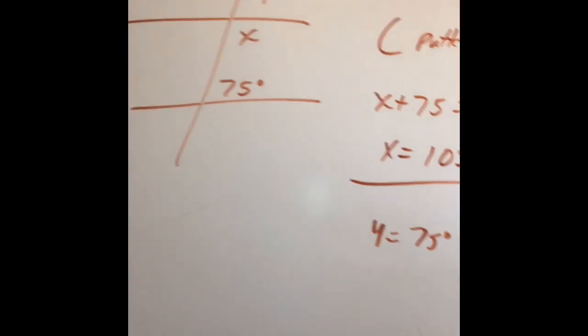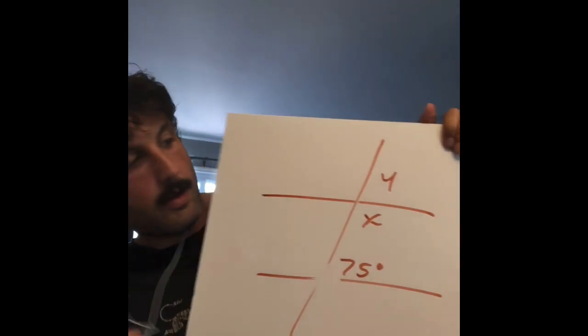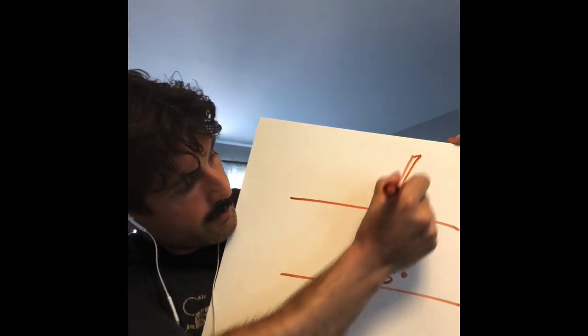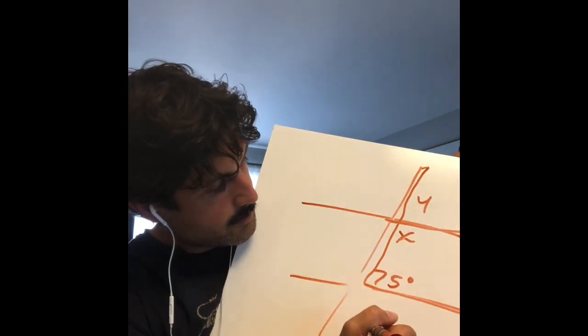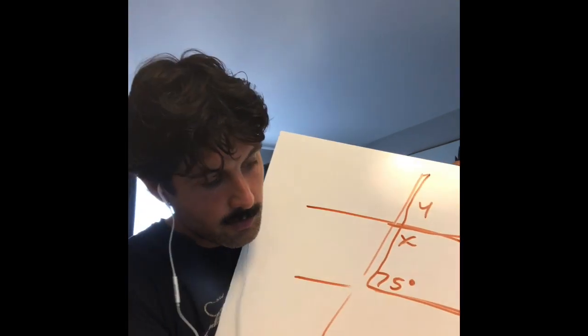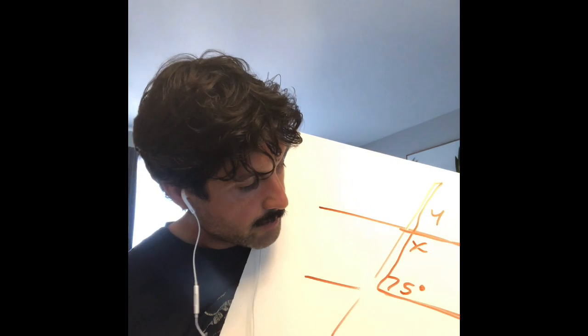And if you're looking for where that F pattern is, you've got it right here. The F goes down, and underneath the F arms is 75 and y, they're equal, so y equals 75.